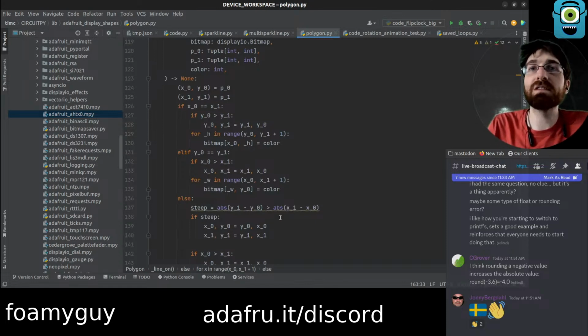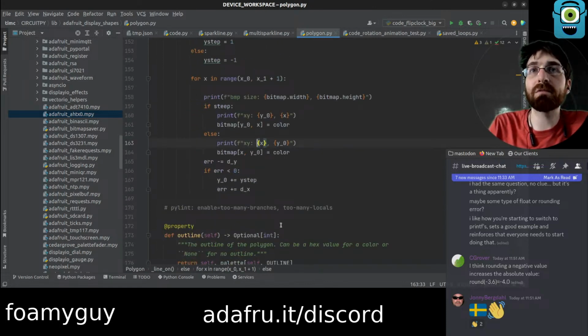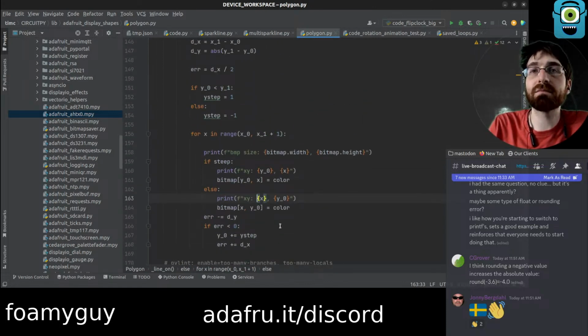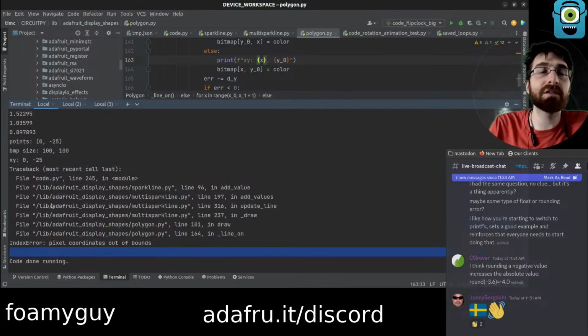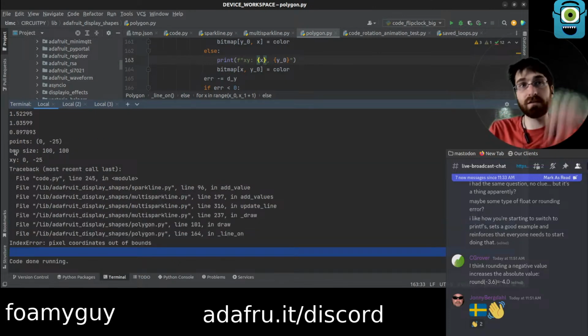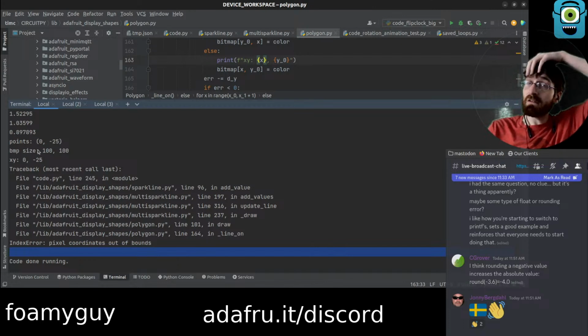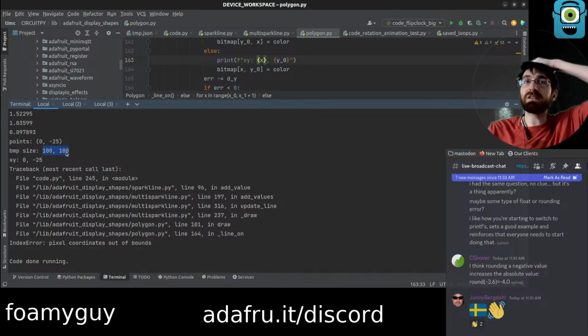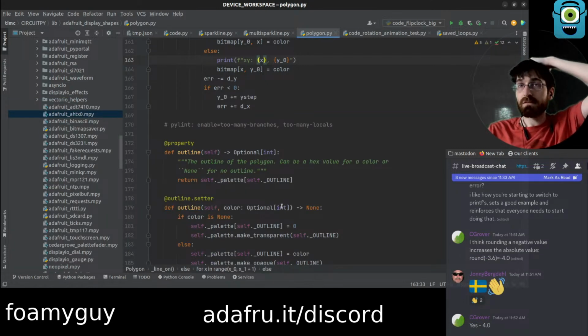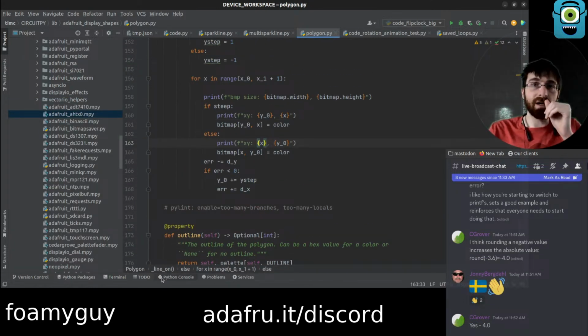Trying to think, what's the easiest way to step through and figure this out? We know that we cannot access negative things inside of bitmaps. The thing we're accessing always needs to be 0 to 99. In this case, we got which one?